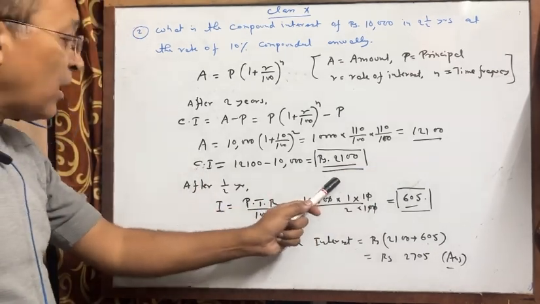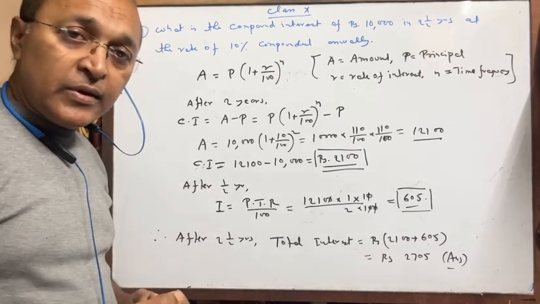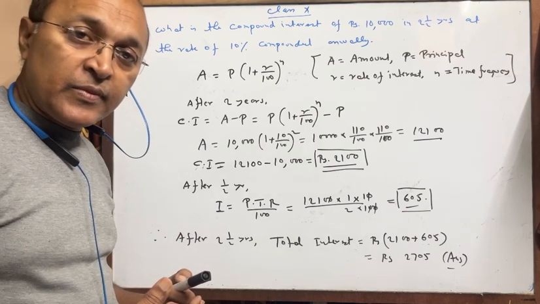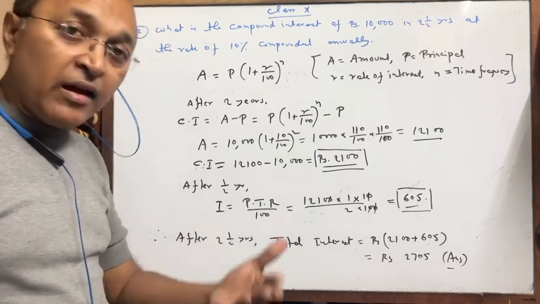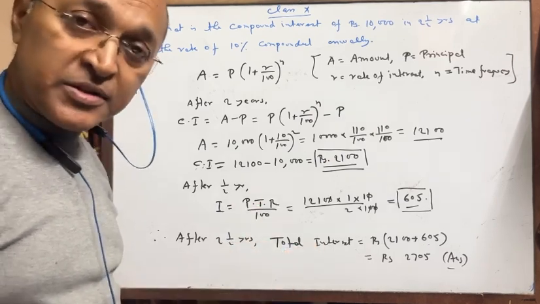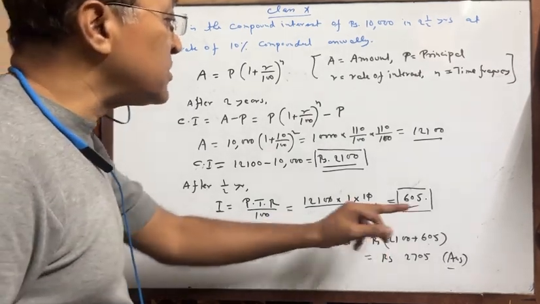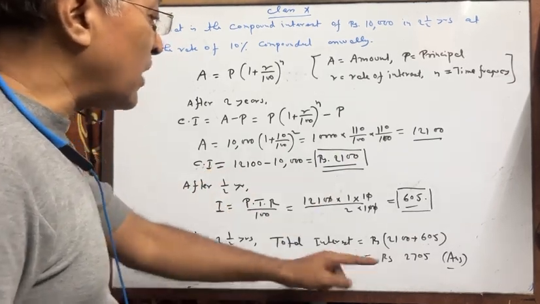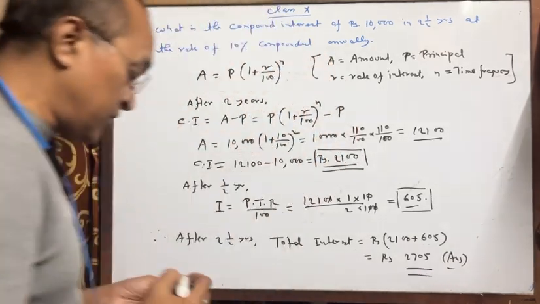And then for the next half year, the simple interest formula was implemented. While doing compound interest, after every year the amount becomes the principal of the next year. In this way, we found that after half a year the interest becomes rupees 605, and after 2 years it was rupees 2100. So ultimately, after 2.5 years, total interest becomes 2705.